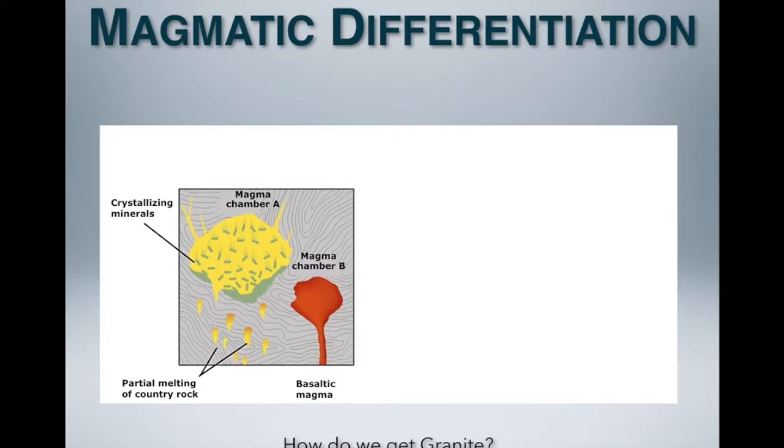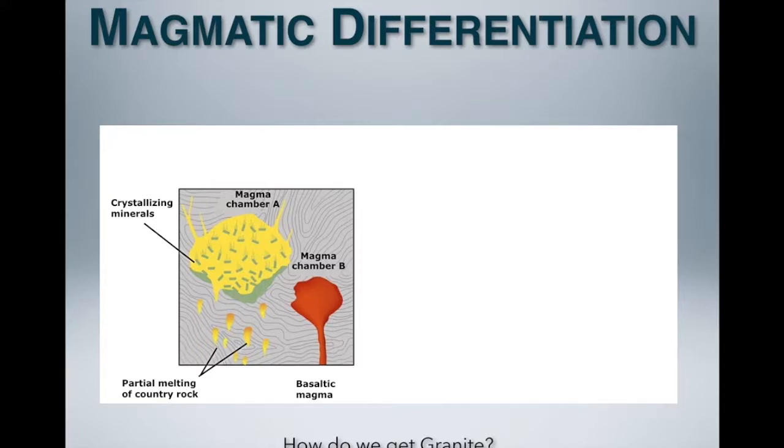Now, none of that thus far has formed something like granite. Granite is very light. It is felsic, high in silicon, which doesn't come from the interior of the earth. So how do we get it? What we have is a basaltic magma chamber that is coming up, and we have another magma chamber.